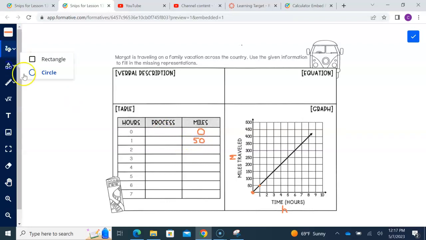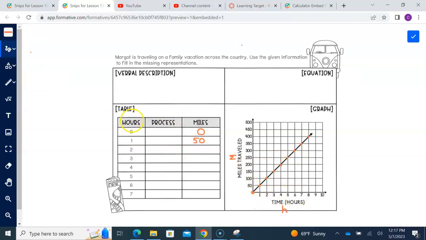If I travel for 2 hours, I have gotten a distance of 100 miles. 3 hours, 150. 4 hours, 200 miles. Then 250, then 300, then 350, then 400. So we can fill this table out pretty quickly just looking at those values on our ordered pair.